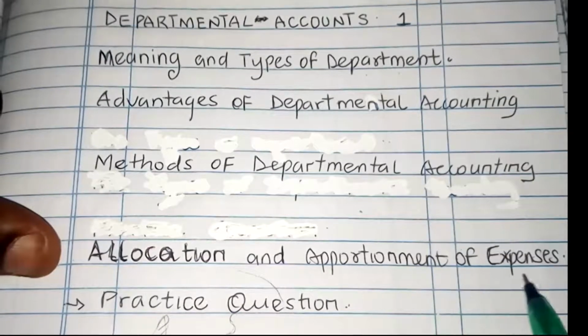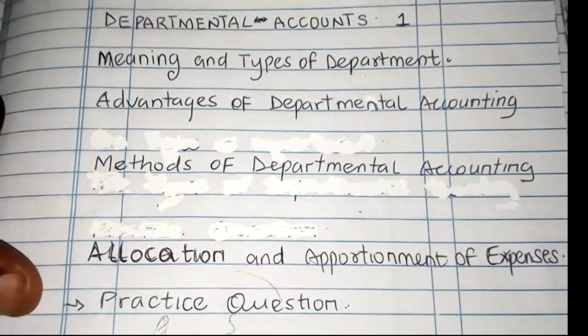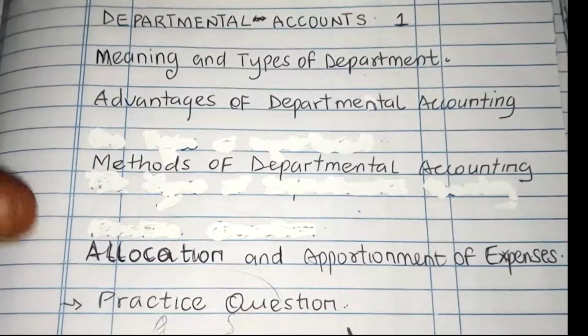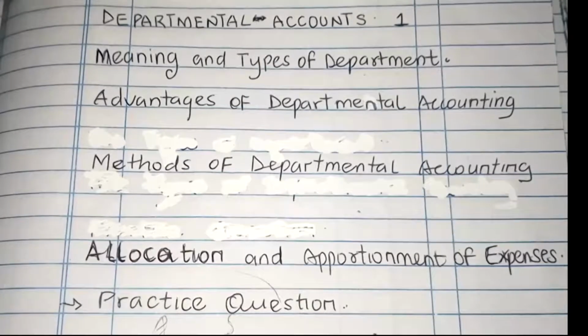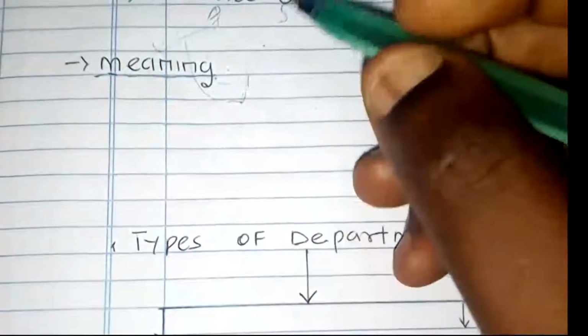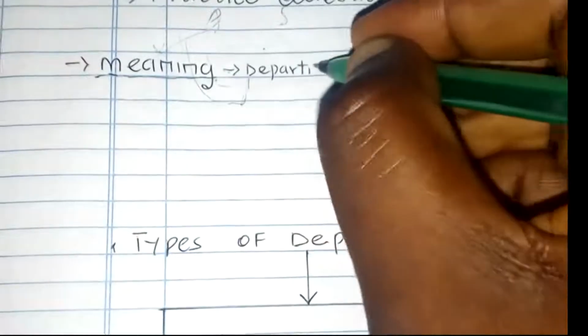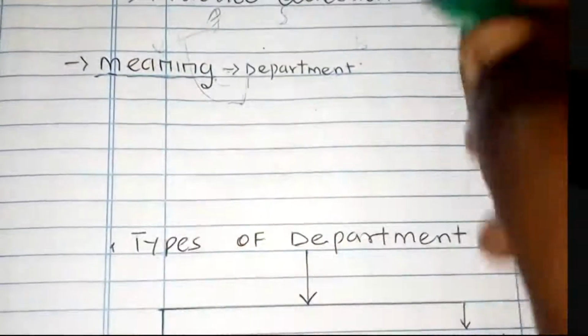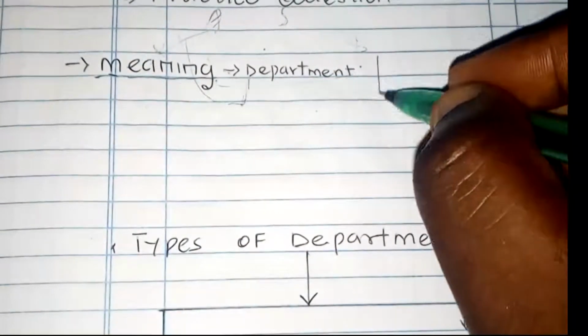All right, let's look at the meaning of departments. Now let's take, for example, you have a business enterprise. Let me use Fidel Group of School. In Fidel Group of School, it is compartmentalized into two sections.